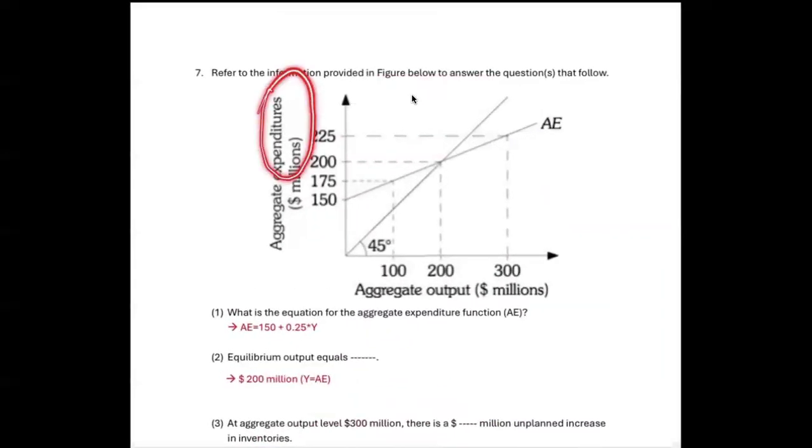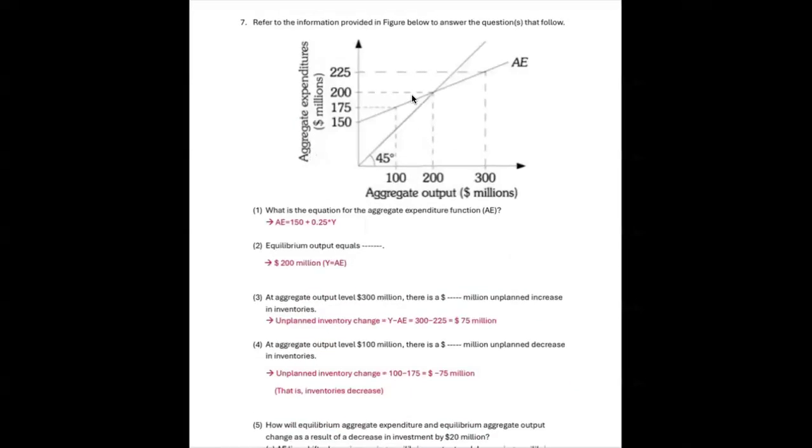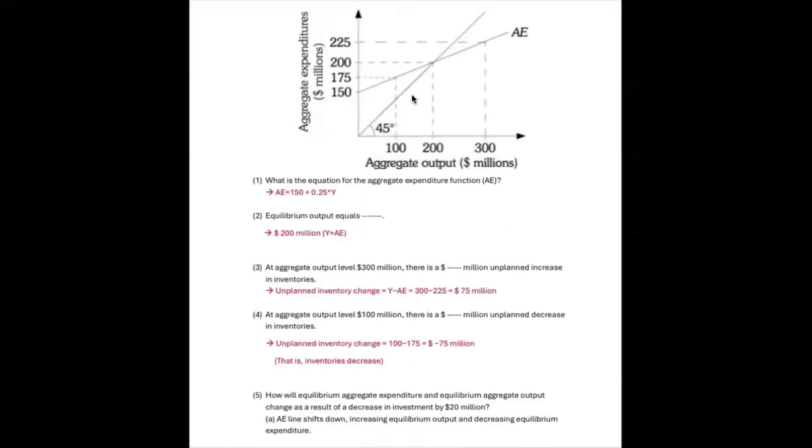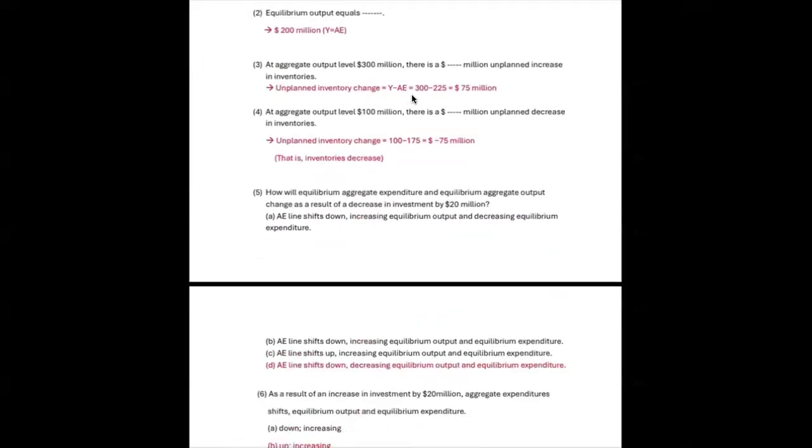This is the aggregate expenditure rather than consumption, okay? And the equations that you need to know from this equation, we all talked about it from the last question, okay? You can pause anytime you want when you watch the video so you can get the correct answer.